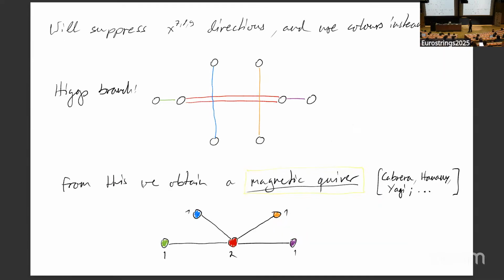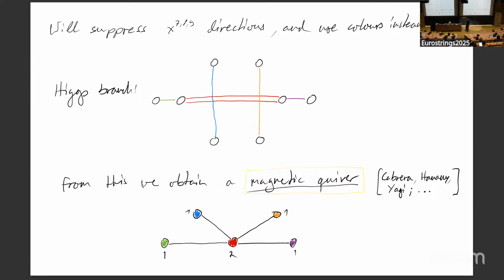So we will now suppress these x7, 8, 9 directions because drawing the 3-dimensional thing is just outrageous, and we can just use colors instead to denote another dimension. So I've colored the branes over here. This stands for moving them along the 7 branes.